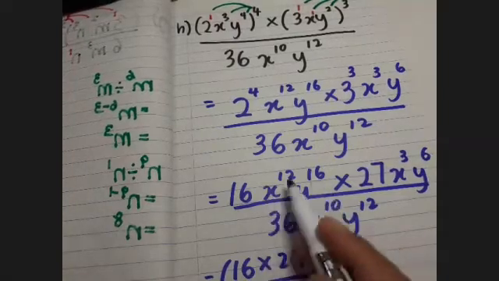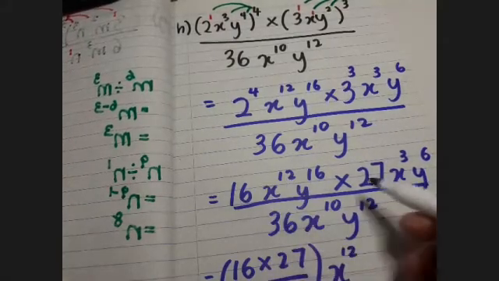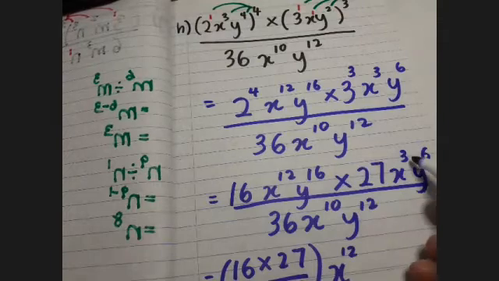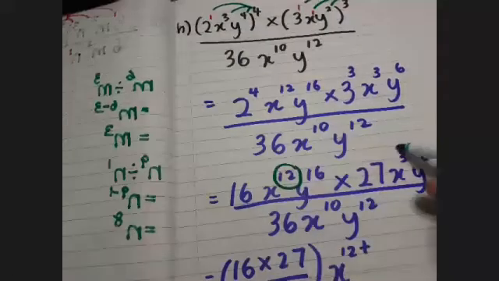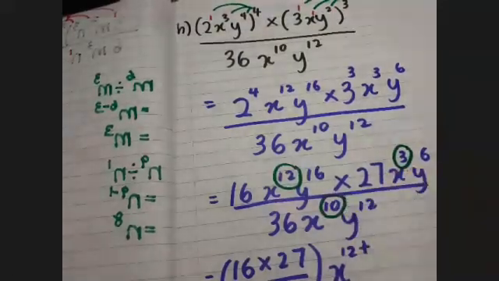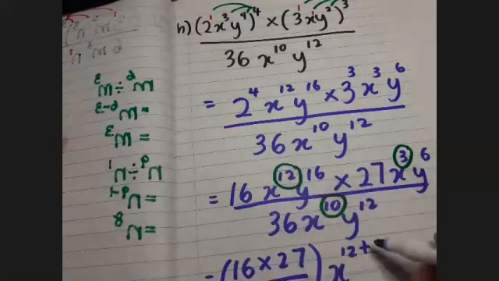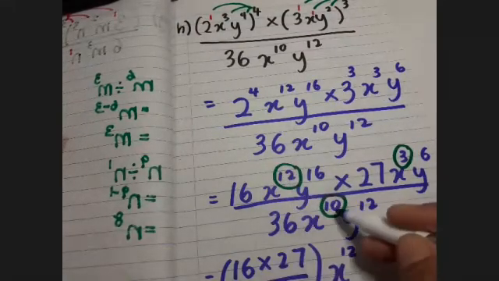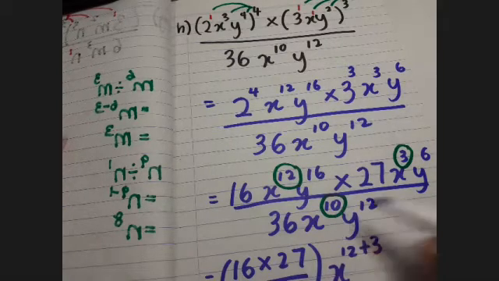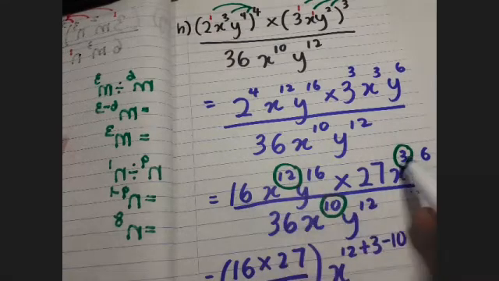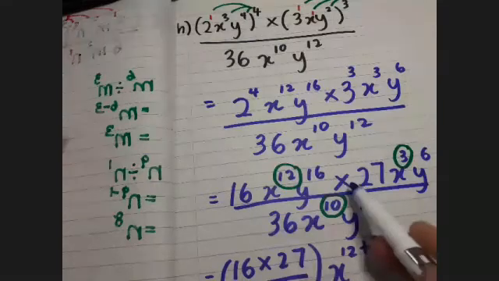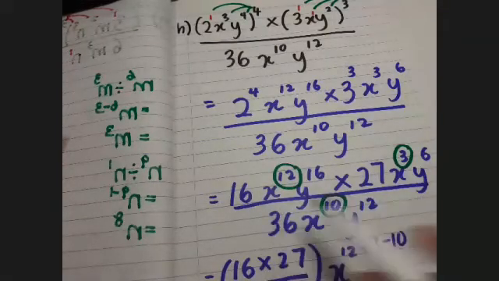So x, 12, 3, and 10. So the index we will plus: 12 plus 3. And how about 10? What is the operation? The operation should be minus, because this is division. 12 plus 3 because of multiplication. Minus 10 because of division.